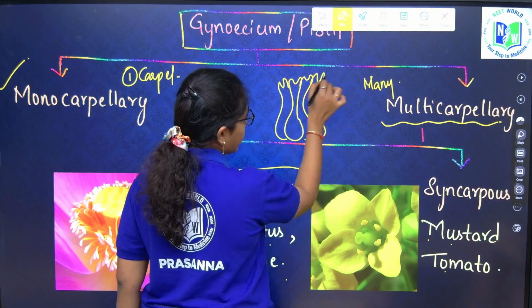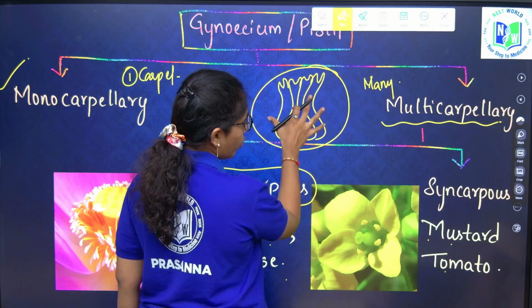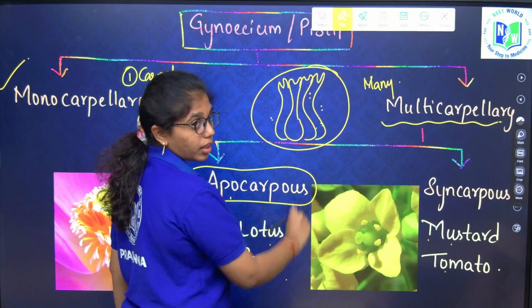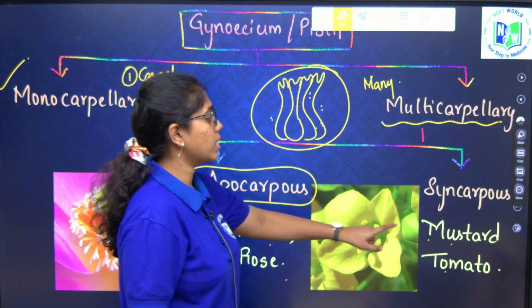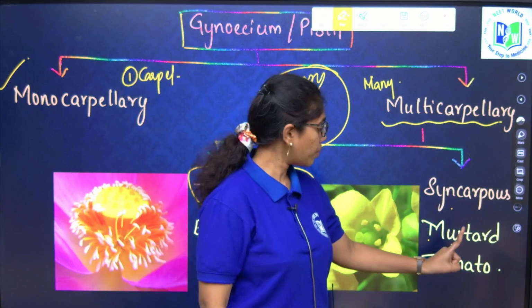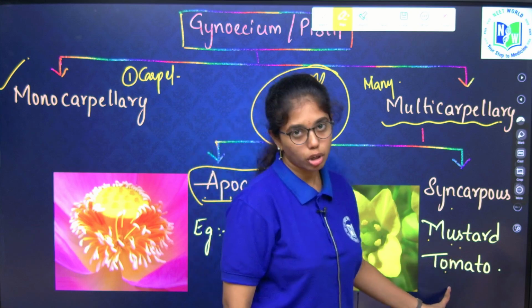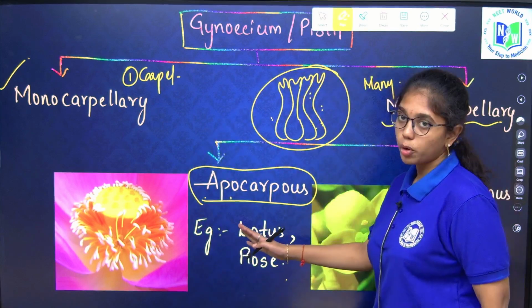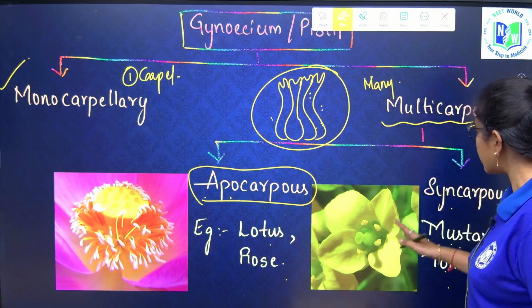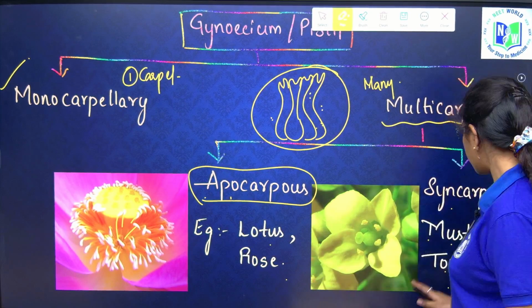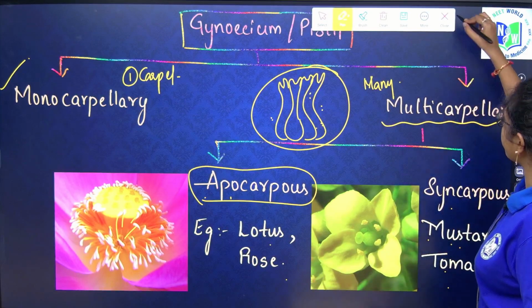Like that, the stigma, style and ovary, or the carpels, are united and attached to each other, then it is syncarpous. Clear? Examples for apocarpous are lotus and rose. Examples for syncarpous are mustard and tomato.